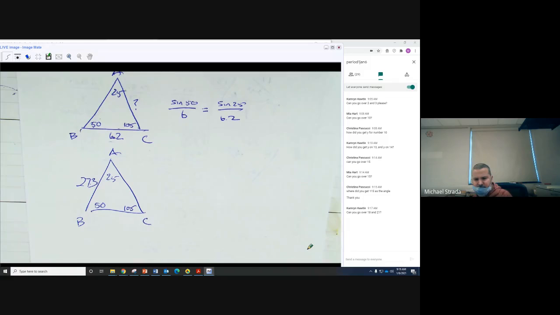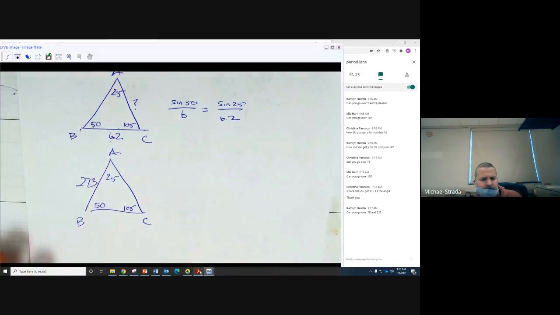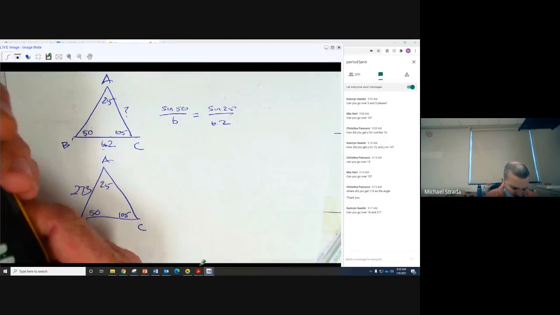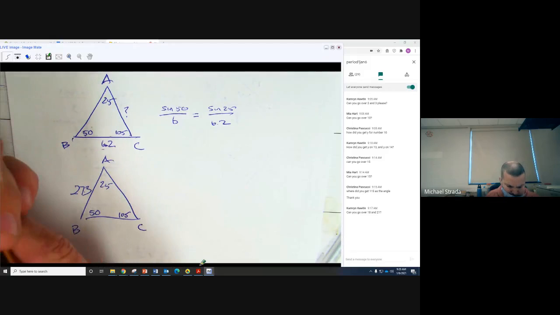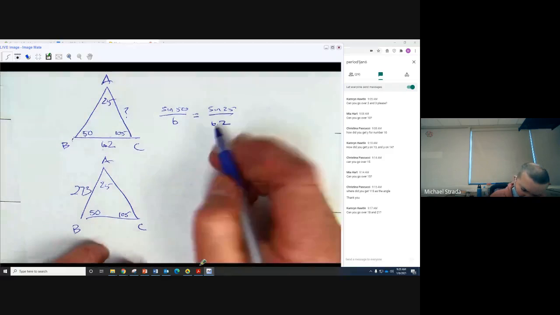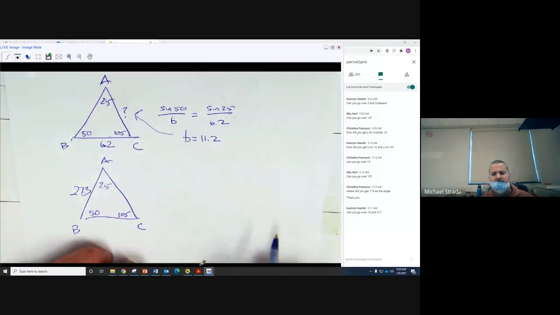So now I'm going to do 6.2 times sine 50 and divide that by sine 25. And I get b for that one to be 11.2 when I do the cross multiplying.